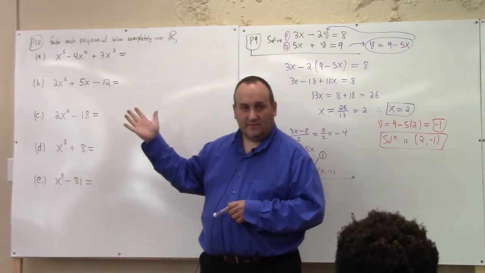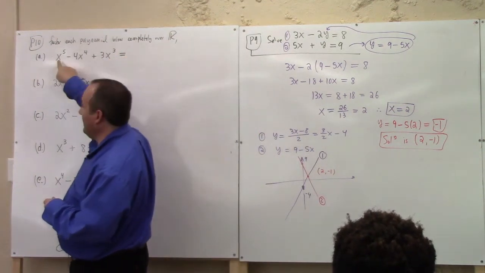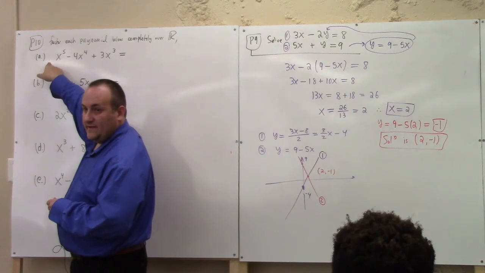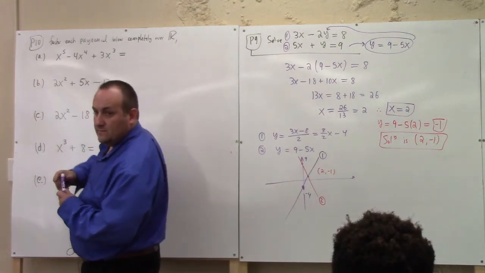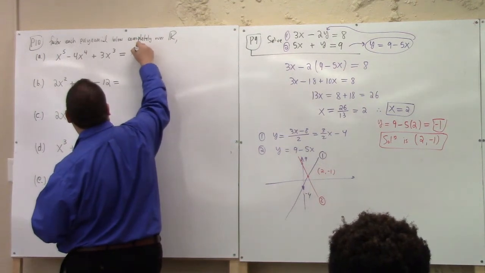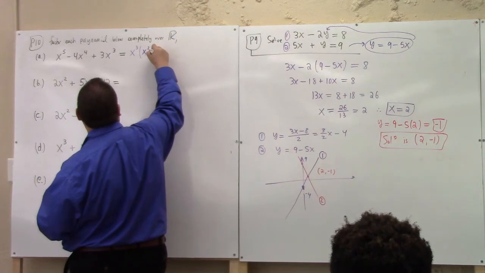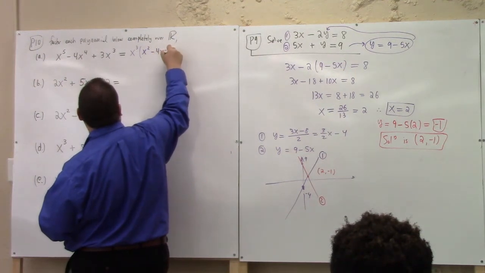That's the easiest thing, right? Look at this. x cubed is the lowest power here. That means I can factor x cubed out of this. See, I've got x cubed times x squared minus 4x plus 3.